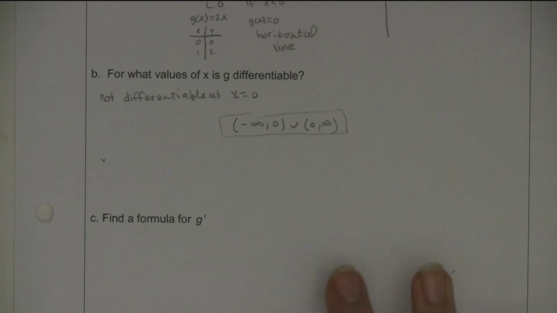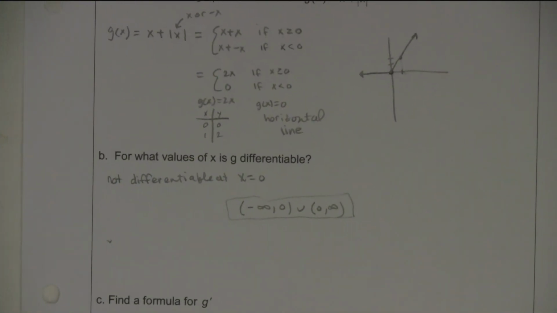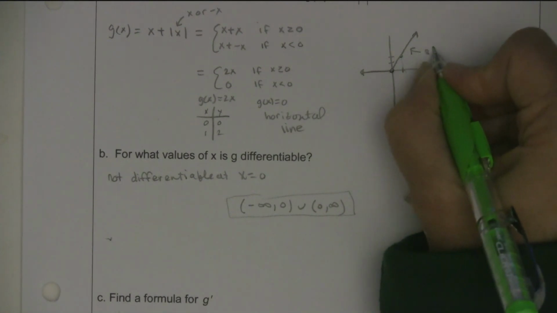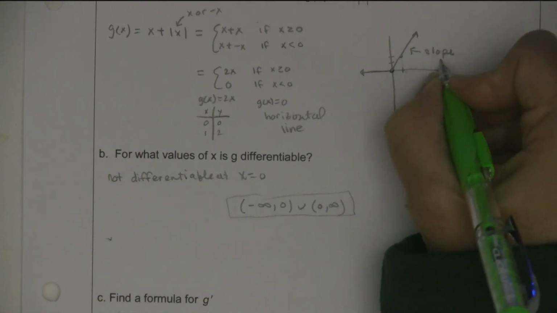Then they're asking me to find a formula for g prime. And so remember that the derivative is the slope. I could whip out my formula, g prime equals the limit as h goes to 0 of g of x plus h minus g of x, divided by h. But that would be a lot of work when remember, it's the slope. So what is the slope over here? Well, it's 2.